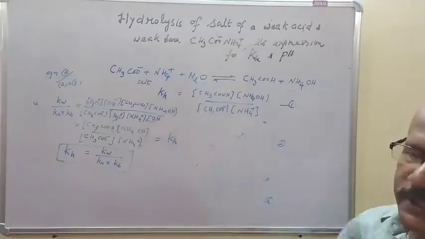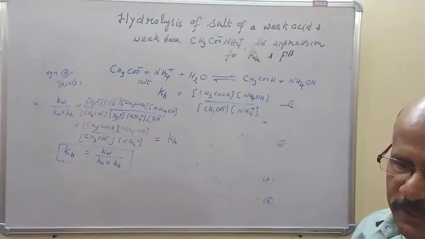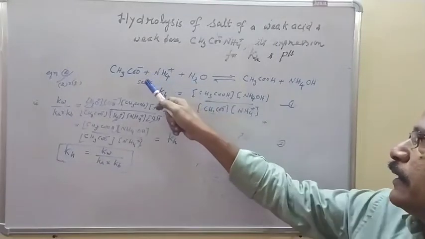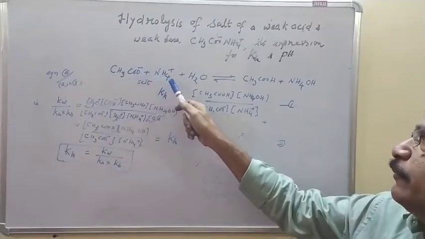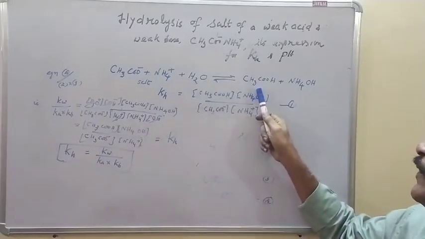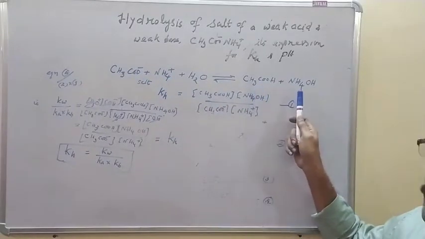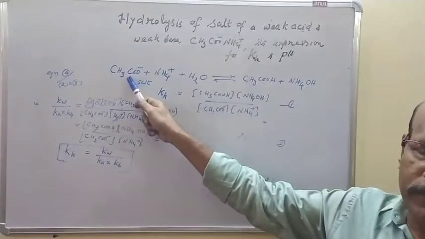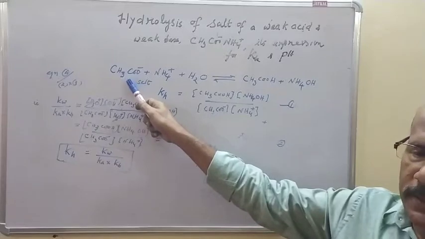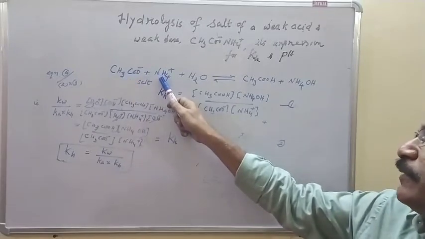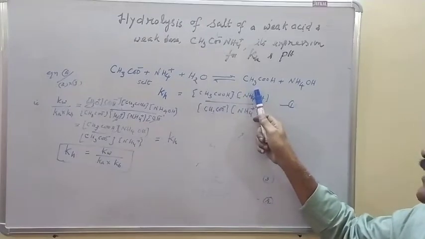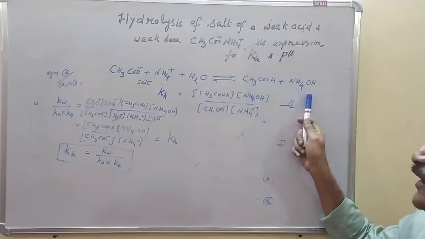That means 1 mole of acetate and 1 mole of ammonium ion give 1 mole of acetic acid and 1 mole of ammonium hydroxide. Therefore, alpha moles of acetate ion combine with alpha moles of ammonium ion to give alpha moles of acetic acid and alpha moles of ammonium hydroxide.